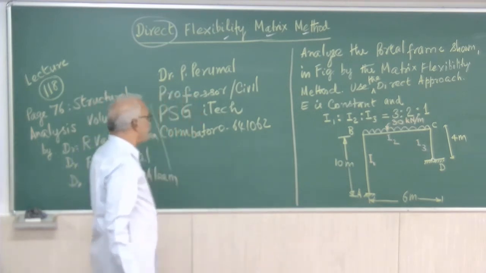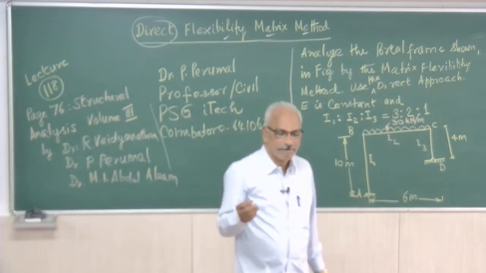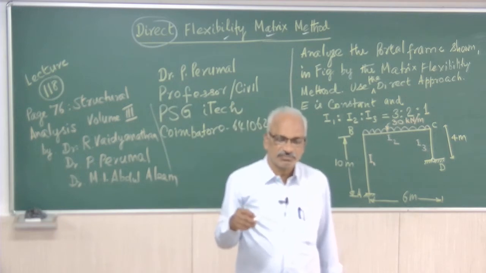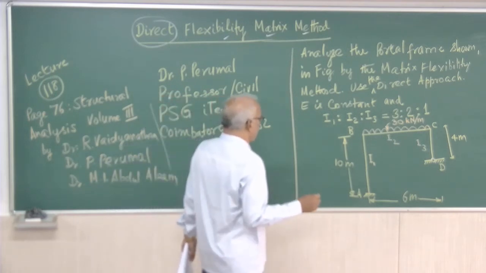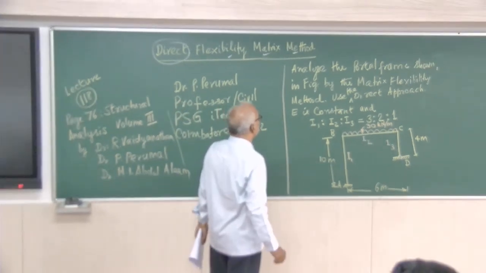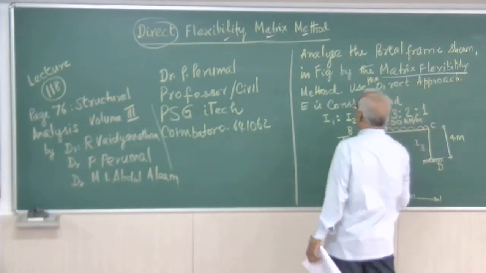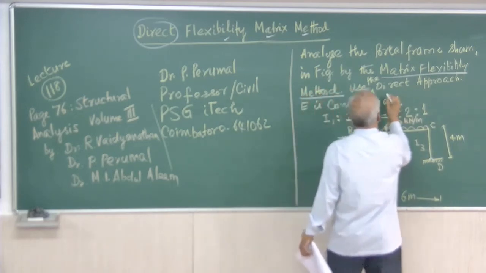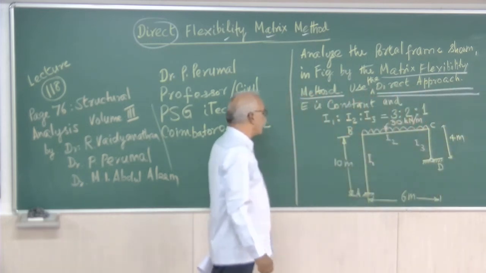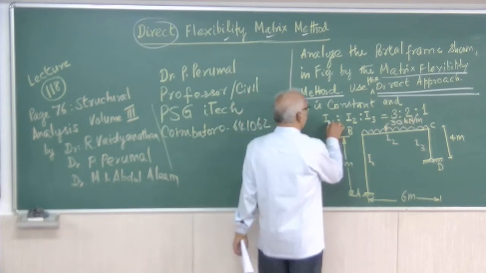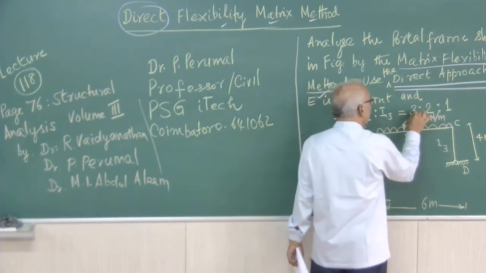Right now, we have done a few problems on continuous beams. Now we will take up a few problems on portal frames. Now this is the problem. Analyze the portal frame by matrix flexibility method and use the direct approach. For the problem, E is constant, and I1 : I2 : I3 is 3:2:1.